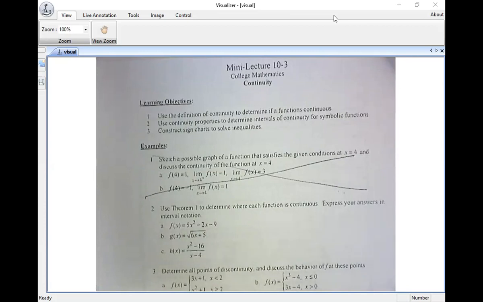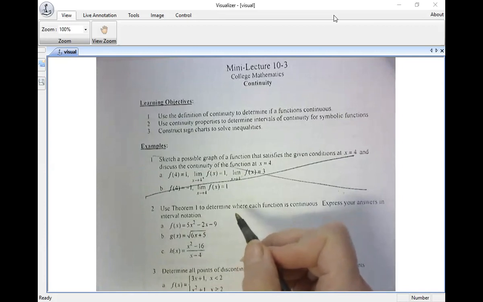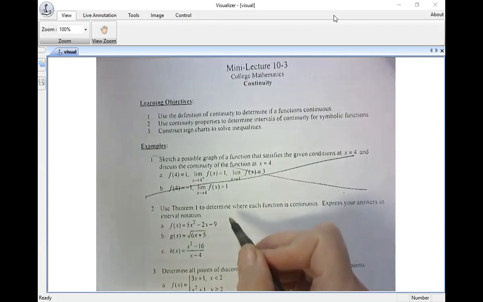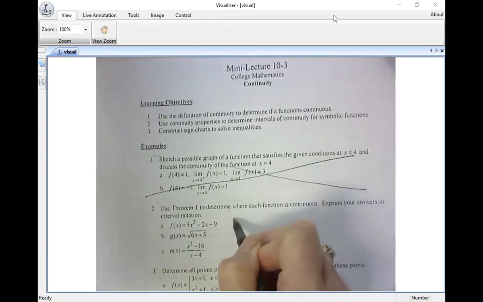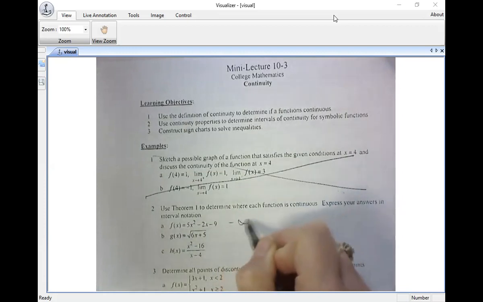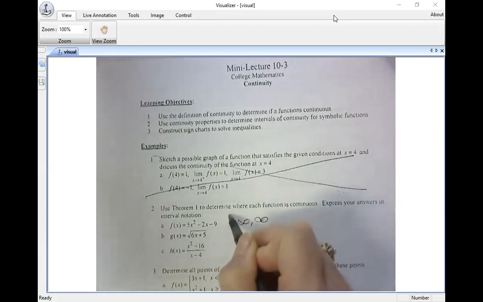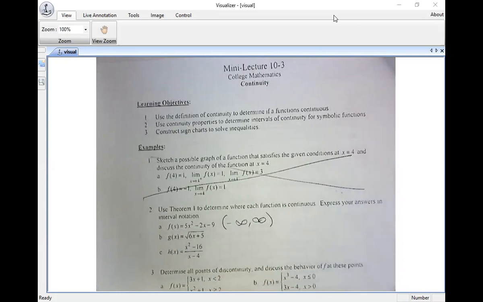They're continuous everywhere, right? So if it's continuous everywhere, how would I express the interval of continuity? It would go from negative infinity to positive infinity, and we would use parentheses around that to indicate that it is continuous everywhere.